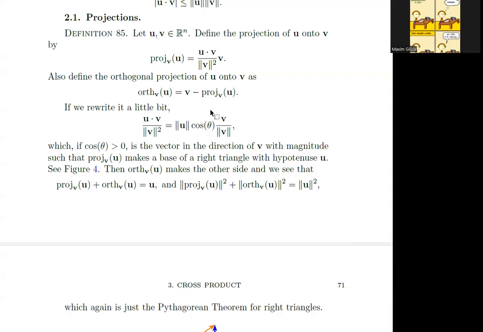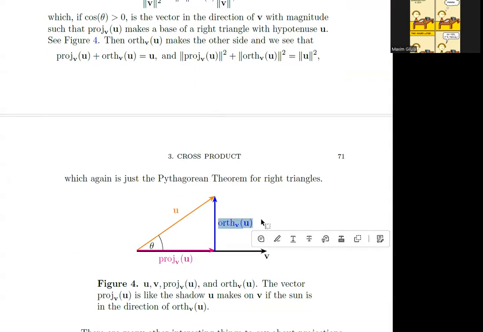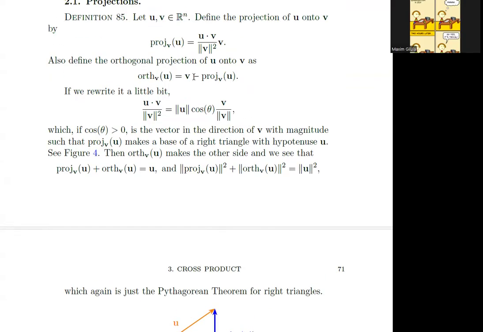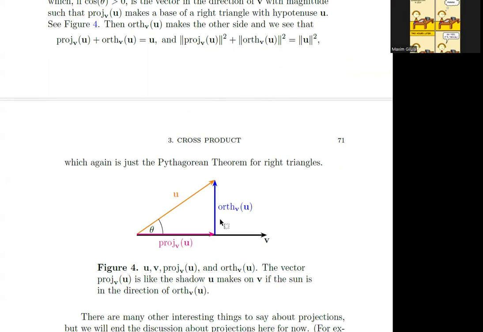And we can also define the orthogonal projection, which is this other side, which we already said was magnitude U sine theta. Using vector algebra, this is just U minus the projection, because this thing plus projection equals U by definition of vector addition.